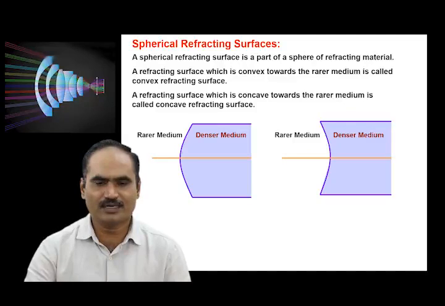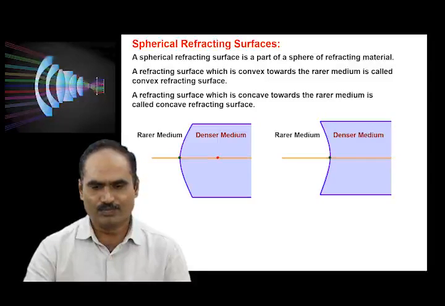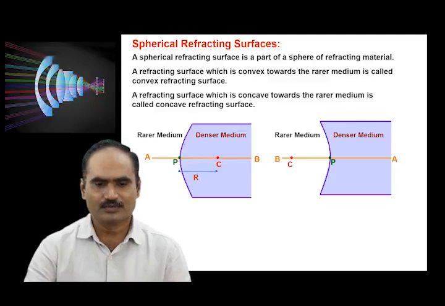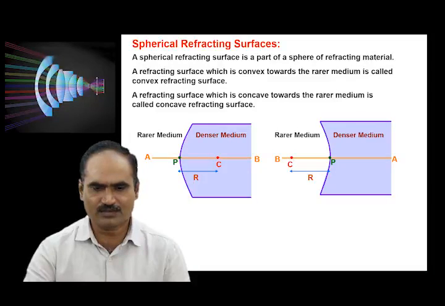Now let us see how these light rays pass, and here also we consider a center of curvature and a pole or optical center. From the pole you can see these things here. This curved surface is a part of a sphere, so obviously it will have a center.